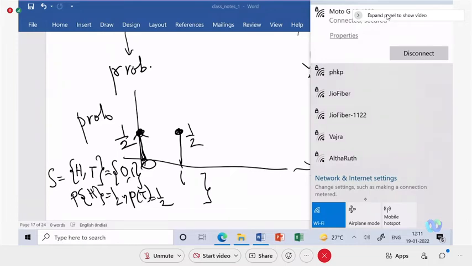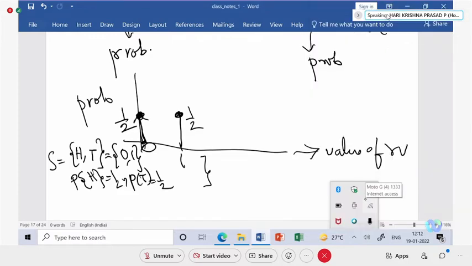Let me consider an example where tossing of a coin is being considered. The possible outcomes are head and tail. So the sample space has two outcomes, head, tail.